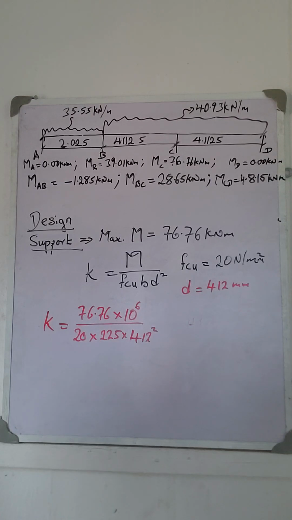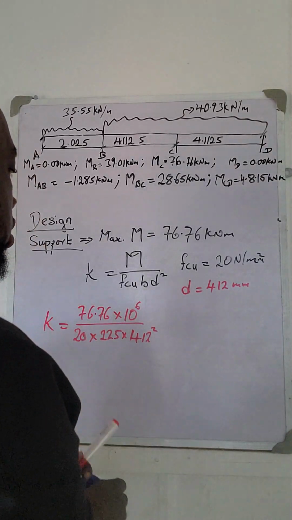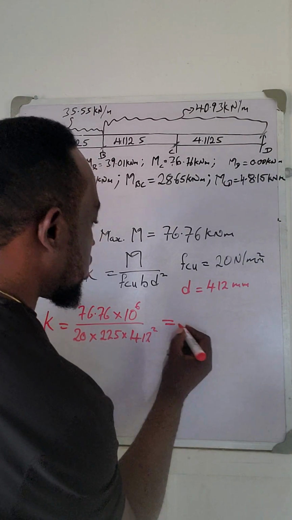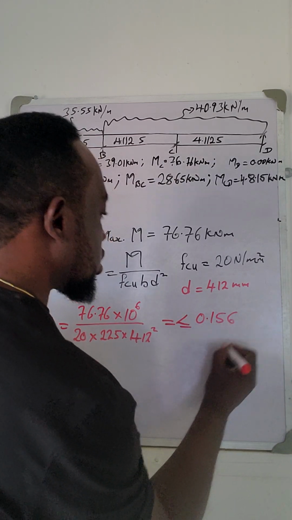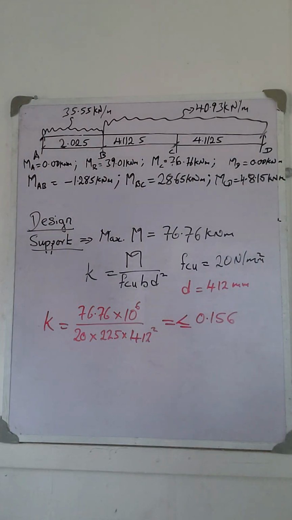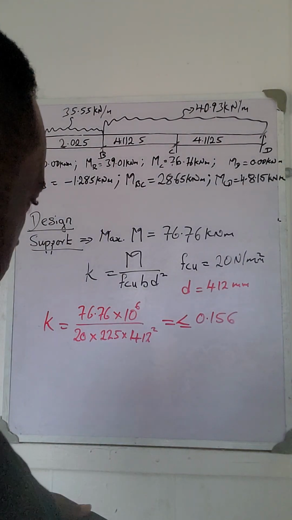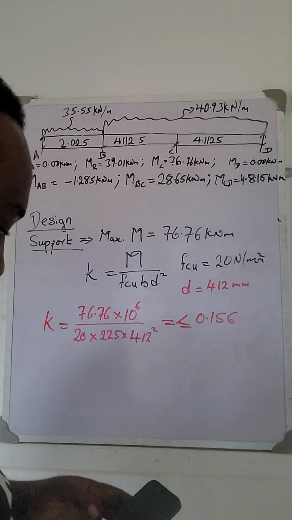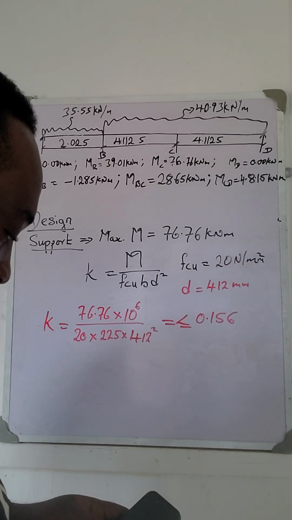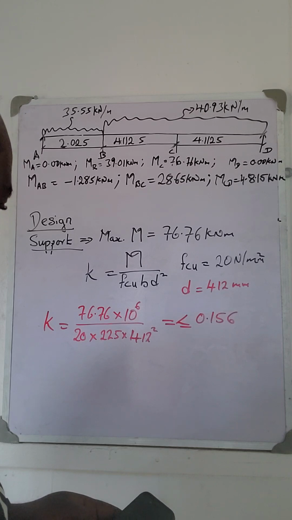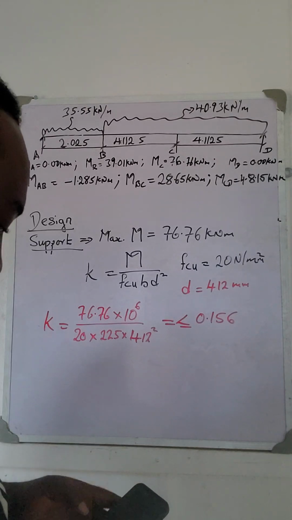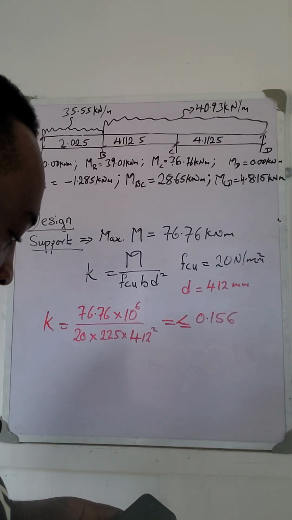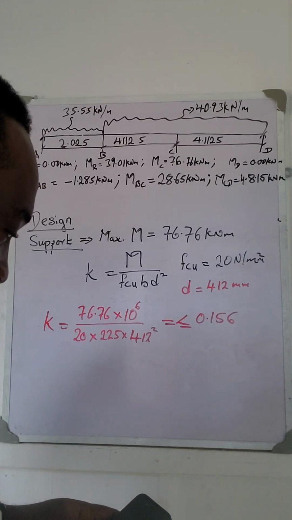Now when you solve for this, K must be less than or equal to 0.156. So we have 76.76 times 10 to the power 6 divided by 20 multiplied by 225 multiplied by 412 squared.